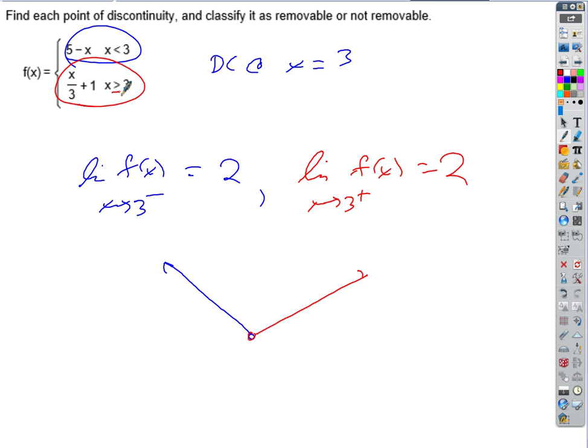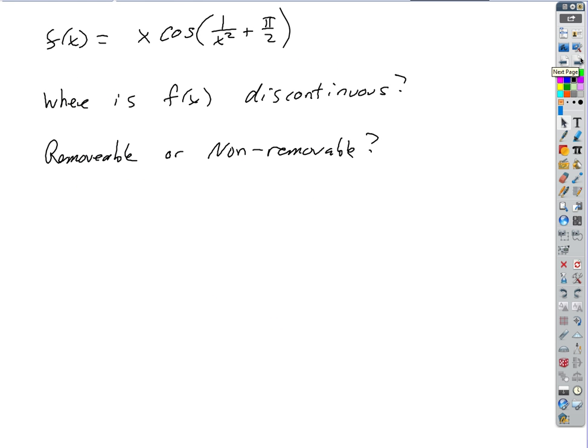What if that point were included there? Would the function be continuous? Everybody agree? If I did that, that would fill in that dot, and yeah, it would be continuous. Now I could graph this without taking my pen off the board, right? Okay, what about this one? Where is this function discontinuous, if anywhere?